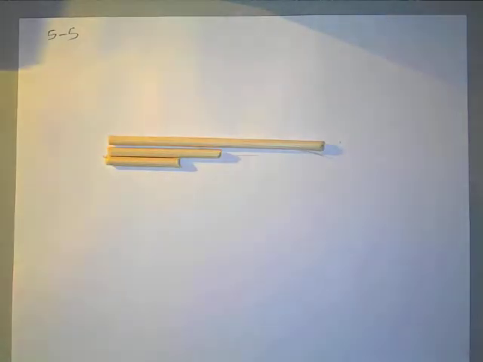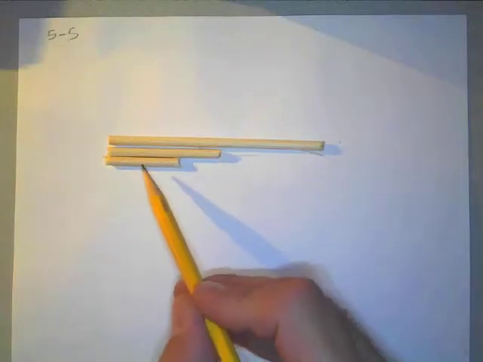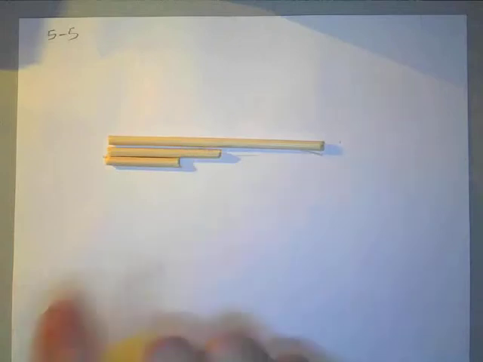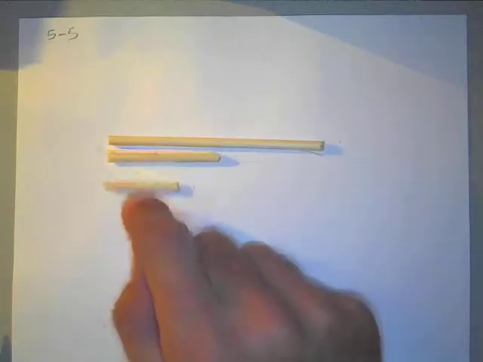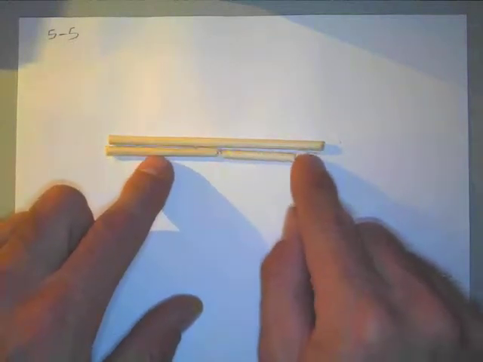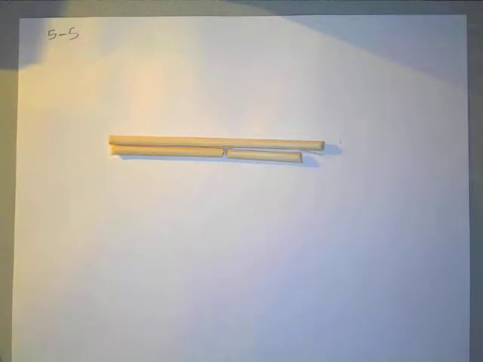So I have three sticks here, and you can see that I have a small, a medium, and a large stick. And what I'm interested in doing is adding the two smallest sticks together. You can see that the two smaller sticks, when added together, are less than the length of the largest stick.